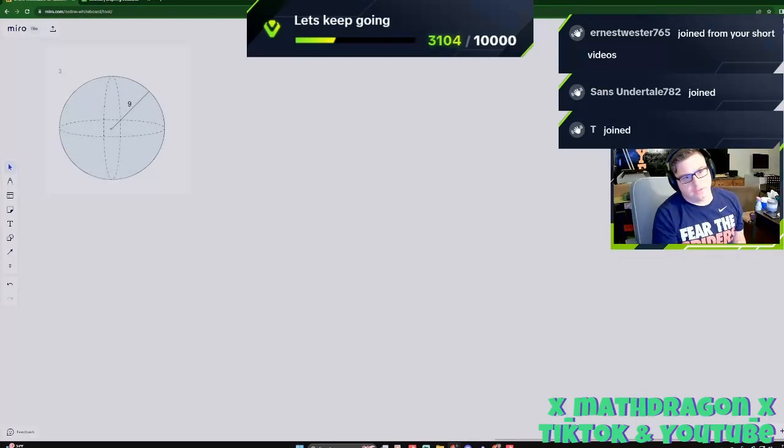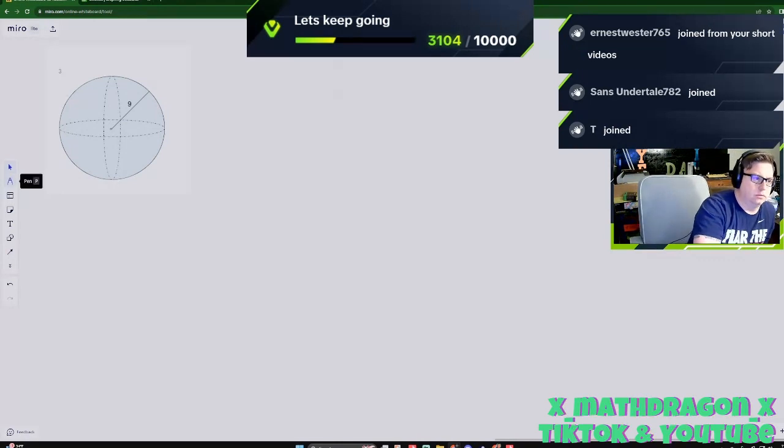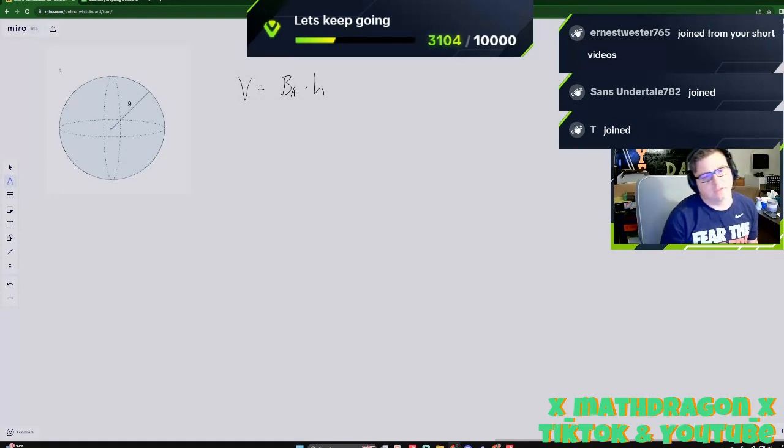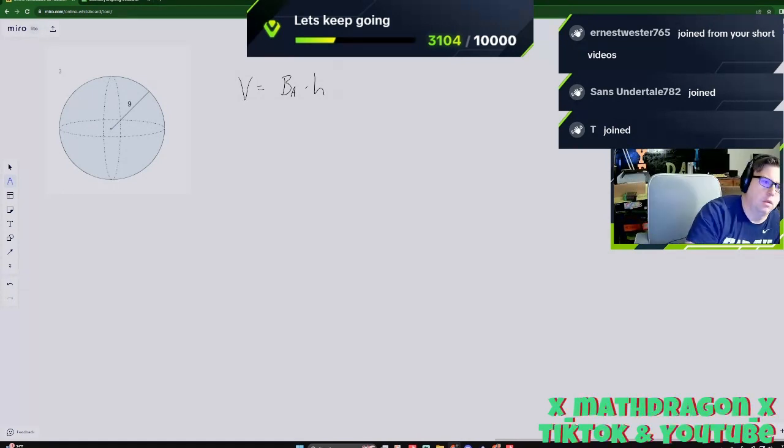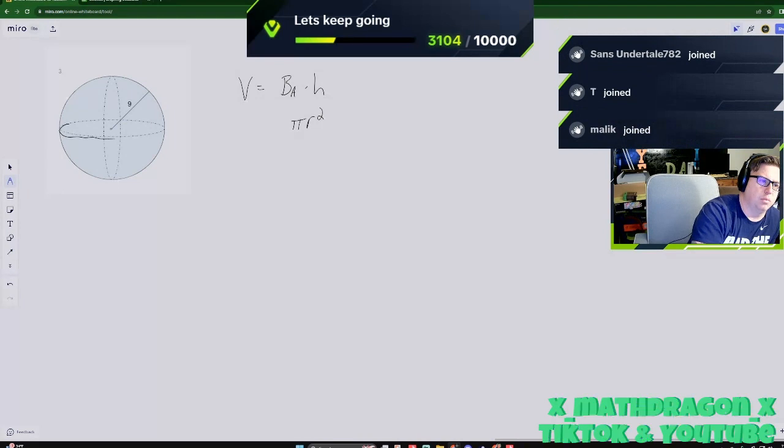Now, if we start to think about base area times the height. Let's see if I can do this. So we know the base area is pi r squared. That's simple enough. That's just a circle.